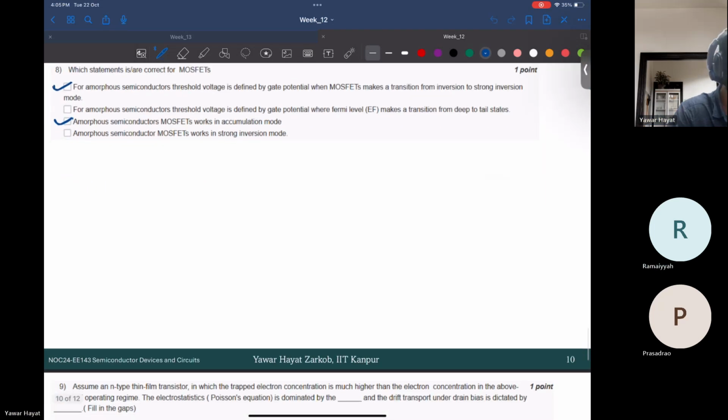Here, option A is said to be correct, but I think that condition holds for crystalline semiconductors. For amorphous, it should be option B. In amorphous, I think we do not have inversion and strong inversion.